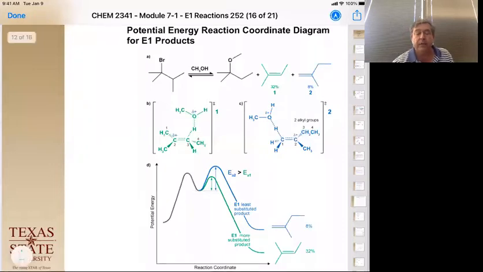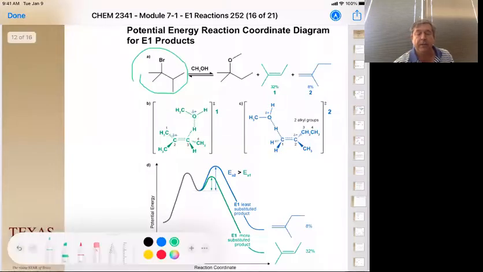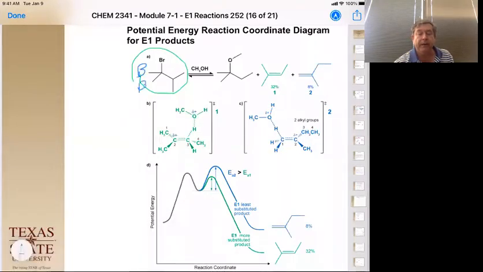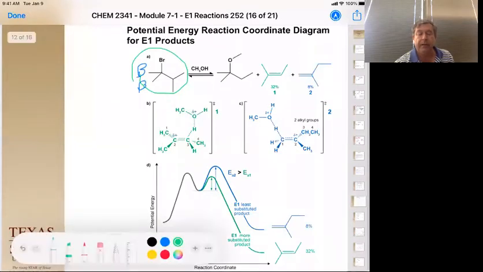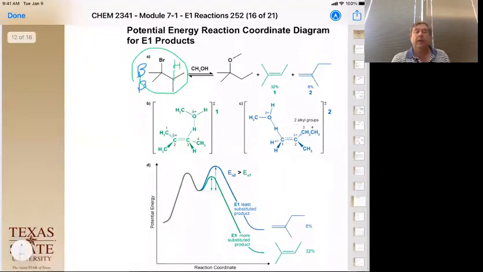So in the case of this, we have a choice of this compound right here. And these are going to be our blue beta hydrogens, and this was our green beta hydrogen. What is over here? Okay. And again, the substitution product has the lower activation energy, but we're not going to draw that on here. That's why this is going to be the major product.